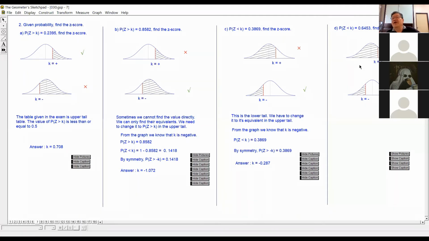So now I want you to decide whether the k is positive or the k is negative. Less than, right? So I mark two k's here, one positive k and one negative k. Because the question says less than, I shade the less than. Now you decide and tell me which of the graph is correct, the top one or the bottom one.